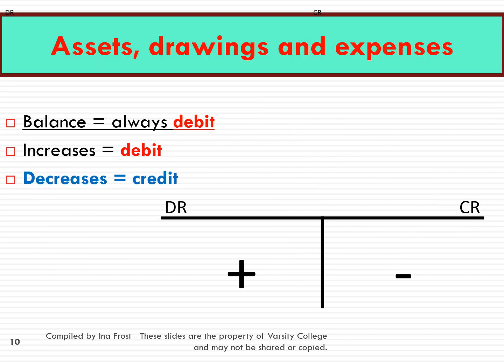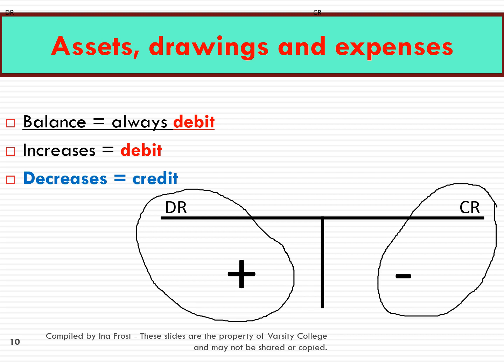You can look again in your textbook in Learning Unit 2. They also did a detailed explanation of debt click and when do we debit and when do we credit. So this slide just shows it to you in a different way: assets, drawings and expenses, we are going to debit with the increases, and then of course if there is a decrease it will go on the opposite side.